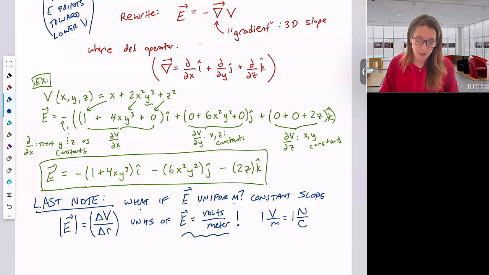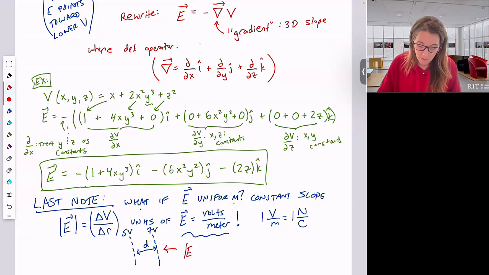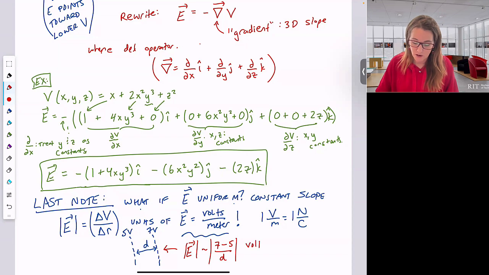And so you can actually get the potential, and what we'll see is if I have, say, a potential line here and I have another one there, let's say that this one is at 5 volts and this one is at 7 volts, and let's say that there's some distance, if I measure the perpendicular distance away as d, then I can approximate the magnitude of the electric field from this as being 7 minus 5 all over d, whatever that spacing is. And then that would give me my volts per meter.